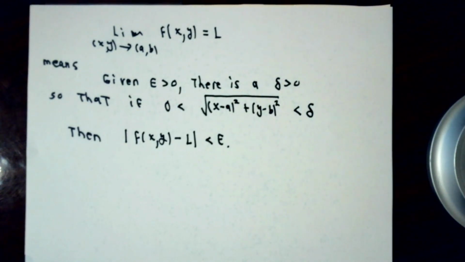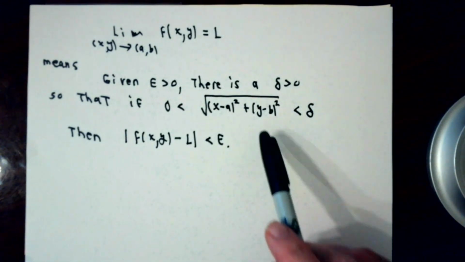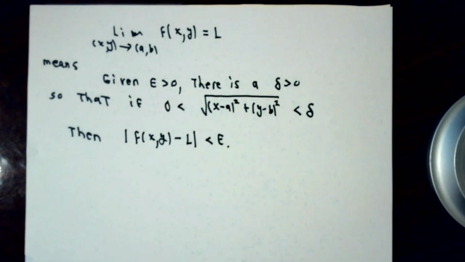So this will be my epsilon delta definition for the limit of f of x and y as xy approaches ab to equal L. If I had a function of 3 variables, I would have a plus z minus c squared underneath the radical sign, and my functions would have as their inputs x, y, and z, but otherwise the definition would be unchanged. This is the definition for any number of independent variables.